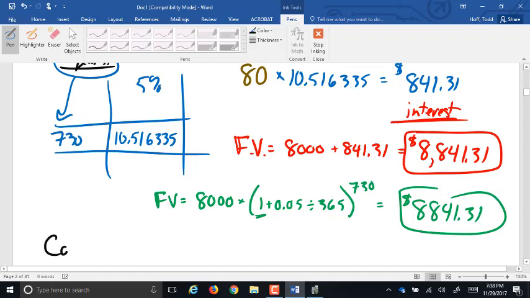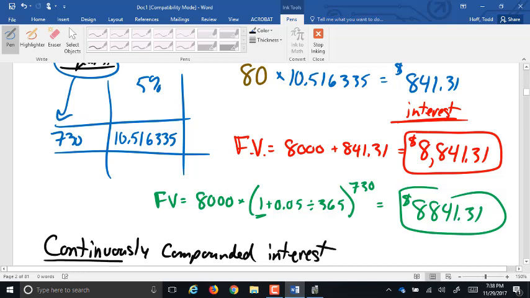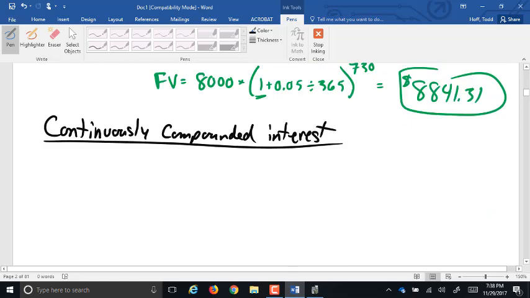There's also continuously compounded interest. Put your pencils down for a second.